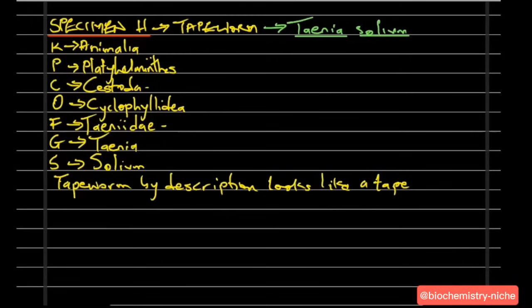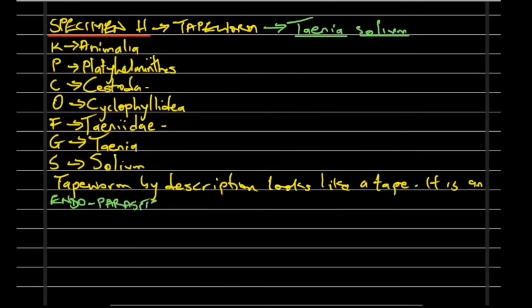It is an endoparasite because it is found inside its host. It is an endoparasite primarily of man and of pig. It is majorly found in man and then secondarily in the pigs.